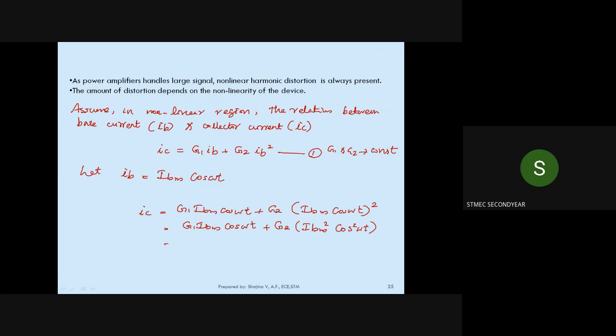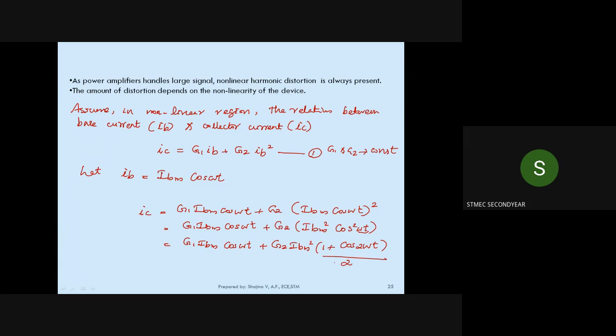Okay. So this can be written as G1 into IBM into cos omega t plus G2 into IBM square into cos square omega t. I can write cos square theta is equal to 1 plus cos 2 theta divided by 2. Okay. So cos square omega t is 1 plus cos 2 omega t divided by 2.